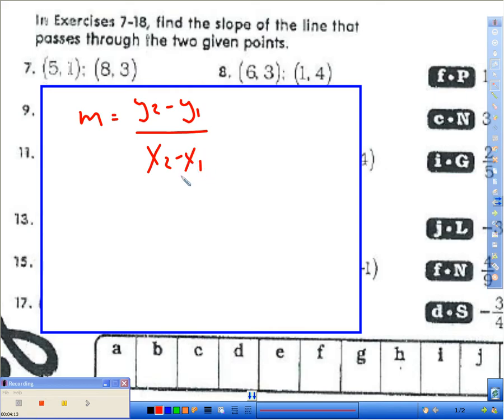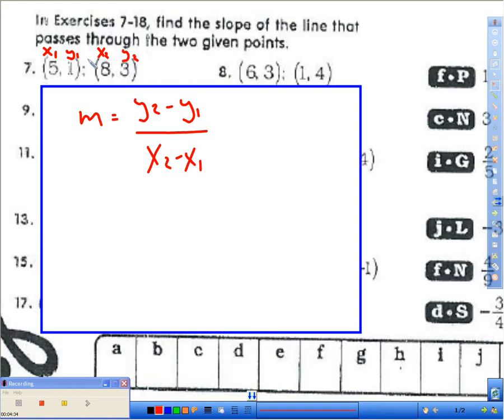We said it doesn't really matter which ones we think of as the 1s and the 2s as long as we're consistent. So I'm going to call this first x value x1 and the first y value y1, and I'm going to think of the second x value as x2 and the second y value as y2.